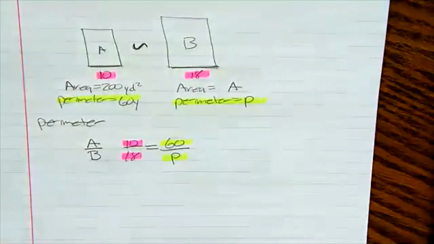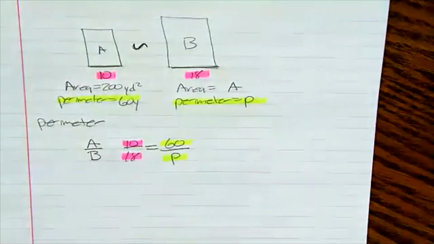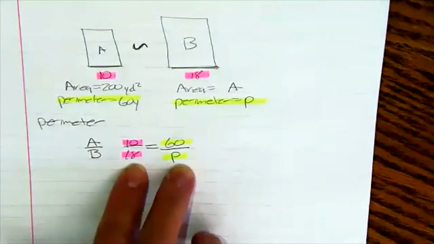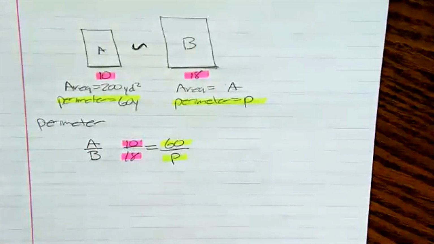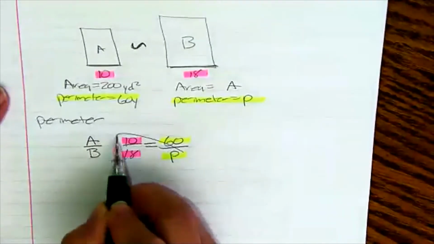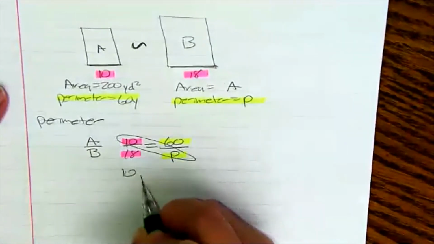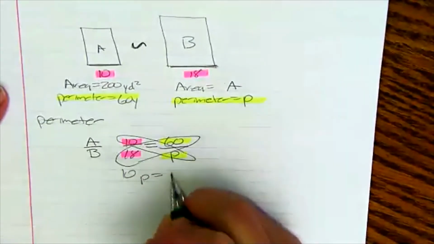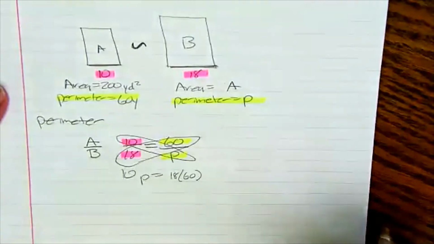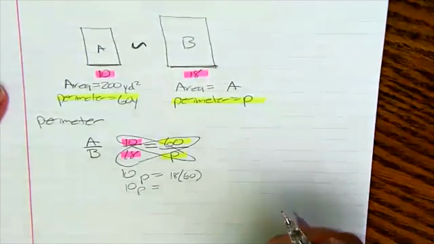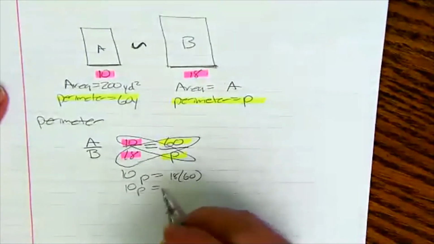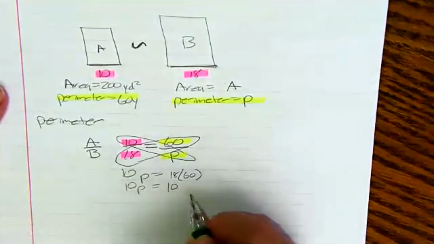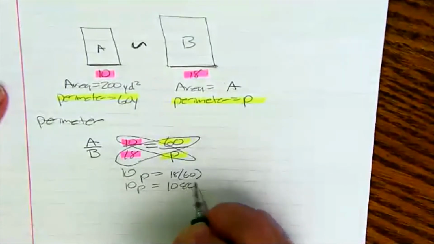Okay, corresponding parts. So now at this point, we have a proportion set up, and this is exactly what we did yesterday. So 10p equals 18 times 60. 10p equals, let's see, 1080.